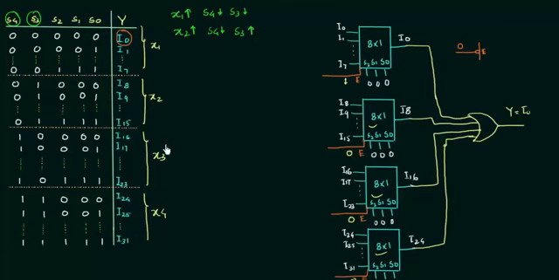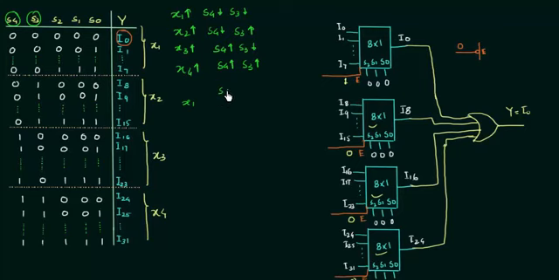For x3, in the same way, S4 is high while S3 is low, and for x4 to be high, S4 is high as well as S3 is high. So this is what we can get from the truth table, and we can represent this in a more organized manner. So let's do it.